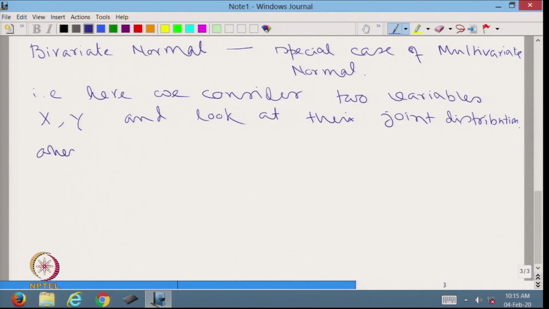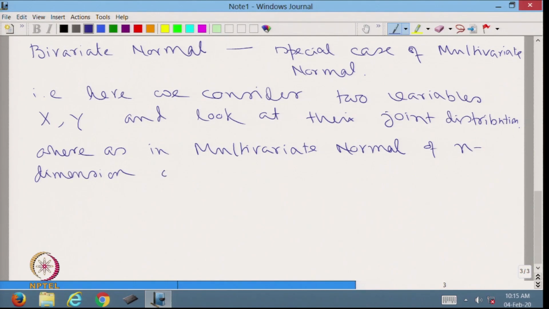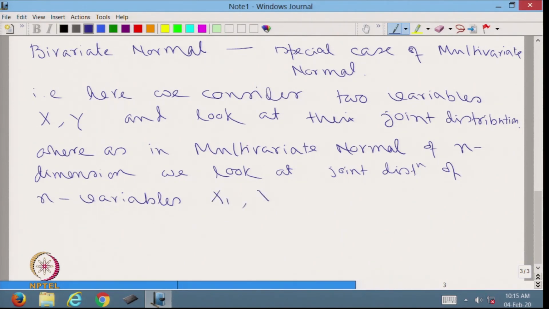Whereas, in multivariate normal of n dimension, we look at the joint distribution of n variables x 1, x 2, x n.